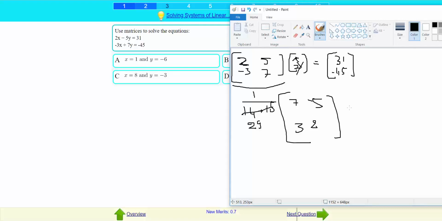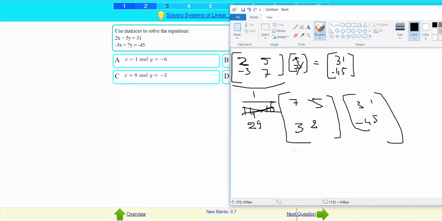We could do that, or we could just leave it here and then multiply it by this one here. So we have 31 over -45. We're just going to leave this for simplification.